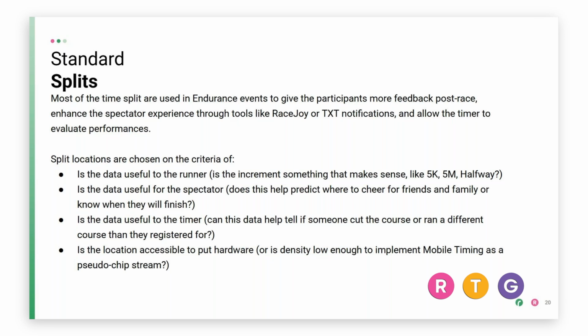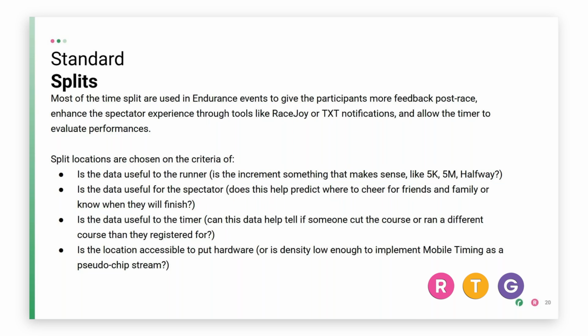That may differ depending on what type of sport is going on. Is the data useful for spectators? Does this help them predict where to cheer for friends and family, or know when they will finish? Is this something that's going to enhance the spectator's experience?